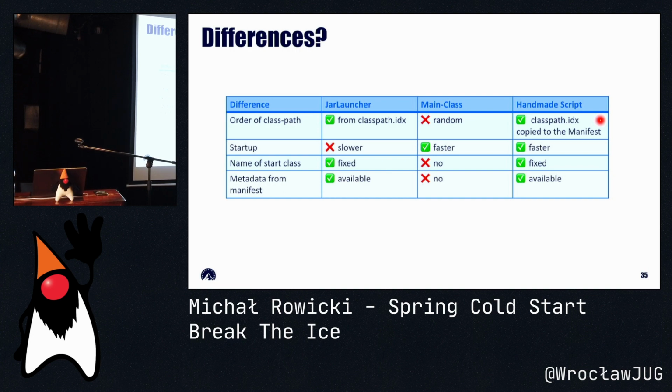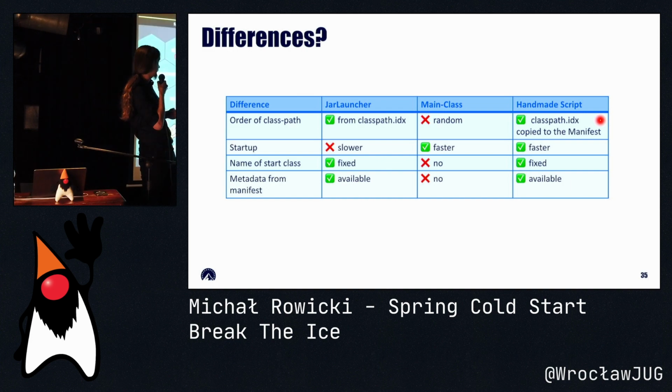But unfortunately, it doesn't support files like those for the actuator, and other resources. So I improved it a bit, and it is as fast as running the main class, but we are getting all of these benefits. And you can do it yourself if you don't run on the bleeding edge of Spring Boot to use some fancy tools, which we'll see later.